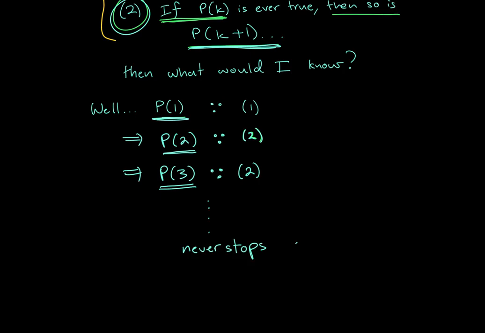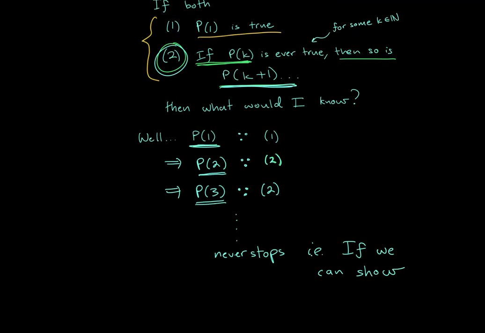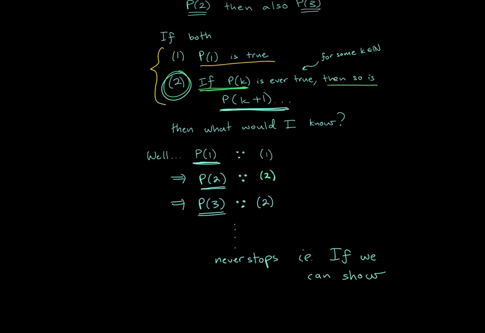In other words, if we can show that 1 and 2, and what I'm trying to do is eliminate me checking this statement for every single natural number. If I can show that 1 is true and 2 is true, so I'll write that down.